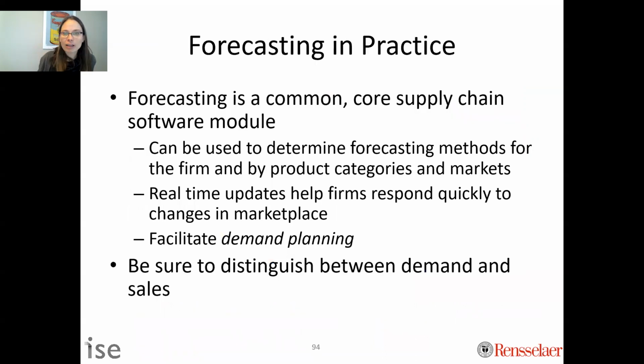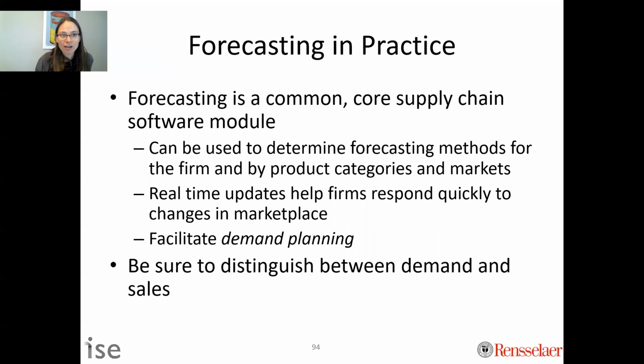The other thing, just to quickly comment about forecasting in practice: forecasting is a really common core supply chain module in software. So, like ERP, enterprise resource planning software, most of them have a forecasting module. As you can see in R, there are really powerful open source packages that you can now use to do this.